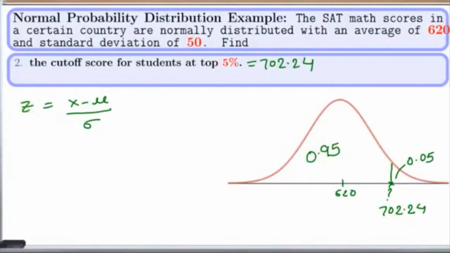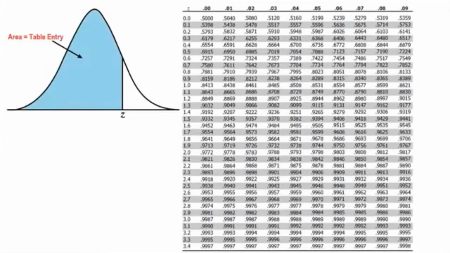For that, let me pull the table on the screen. Okay. Now, here we will try to find 0.95 among these tiny 4 decimal place numbers.